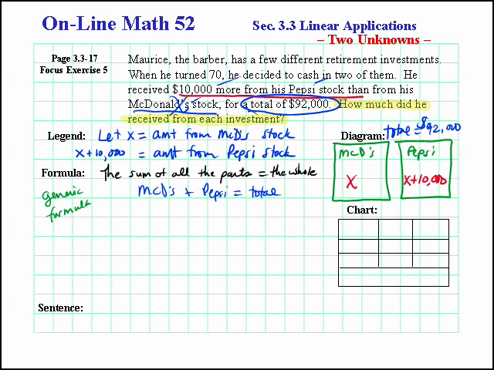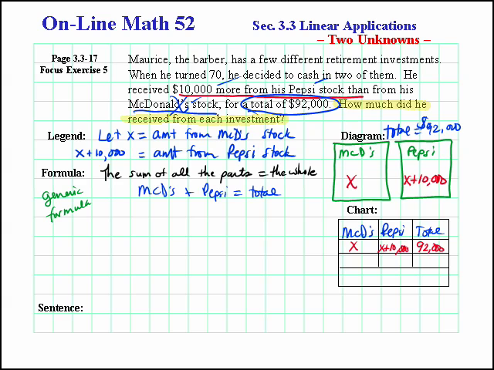And we can put that in the chart also. Here's McDonald's, here's Pepsi, and total. McDonald's is x, Pepsi is x plus 10,000, and the total is 92,000.